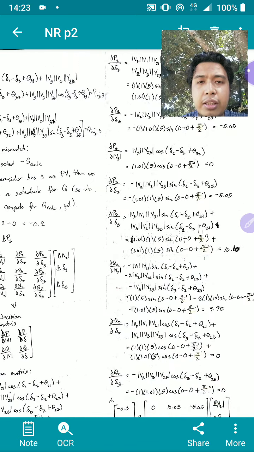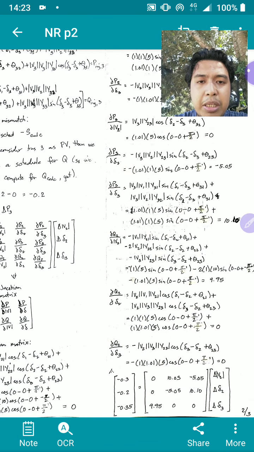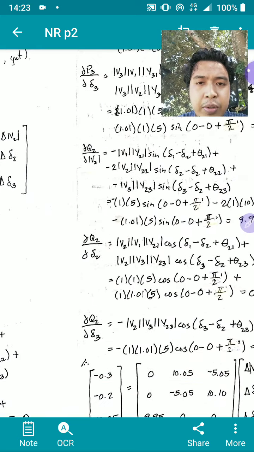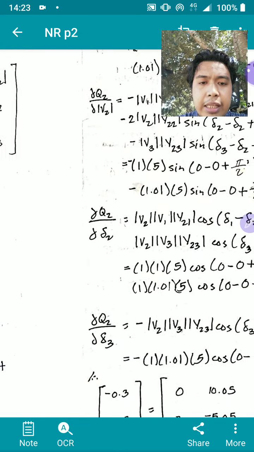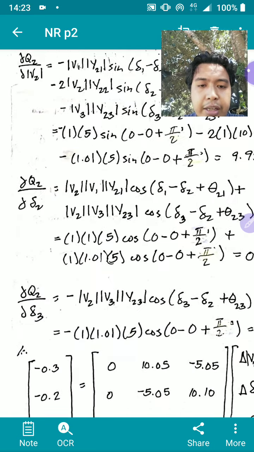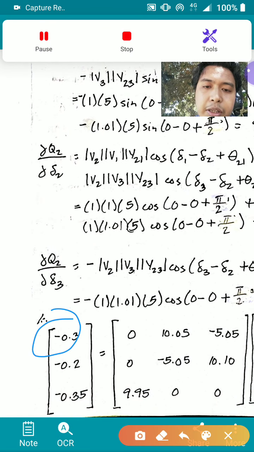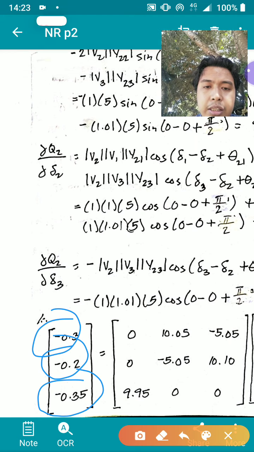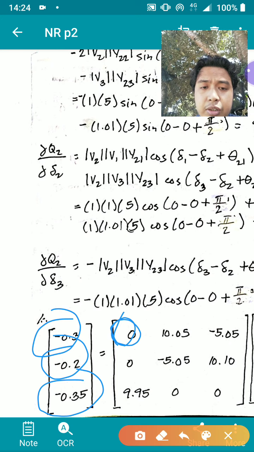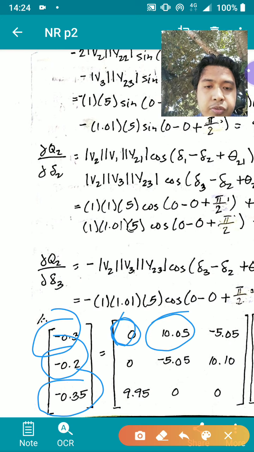You perform that with P3 and with Q2, and then you get this final form. So this is your delta P2, delta P3, delta Q2, and then this is the partial derivative of P2 with respect to V2 magnitude, angle 2, and angle 3.